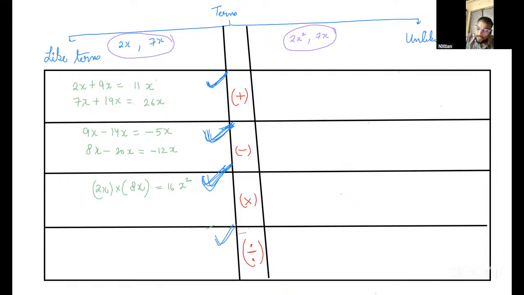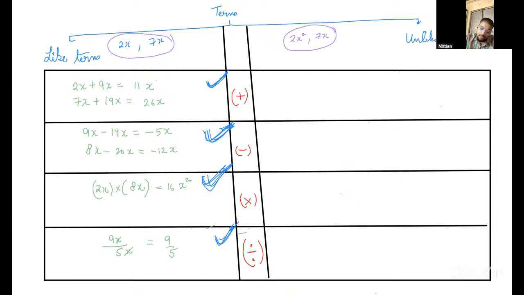You can divide it also, like 9x divided by 5x. This and this will cancel, so it becomes 9 by 5. Understood, Jashwan? Everyone understood? Please ask me any doubt. No doubt?